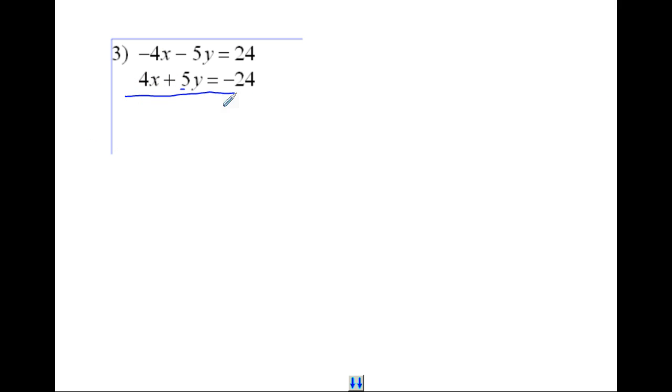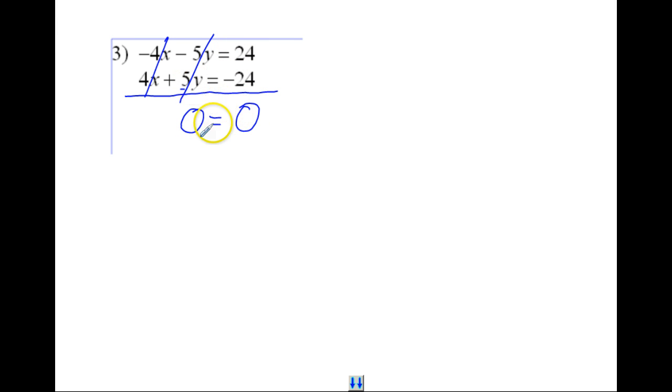All right, so number 3, you'll see that negative 4x plus 4x cancels out. That's good. But here's a different thing. The y's cancel out as well. If everything cancels out while you're adding, what is left over? What's left over after you cancel out? 0. And on the other side, what do you have?